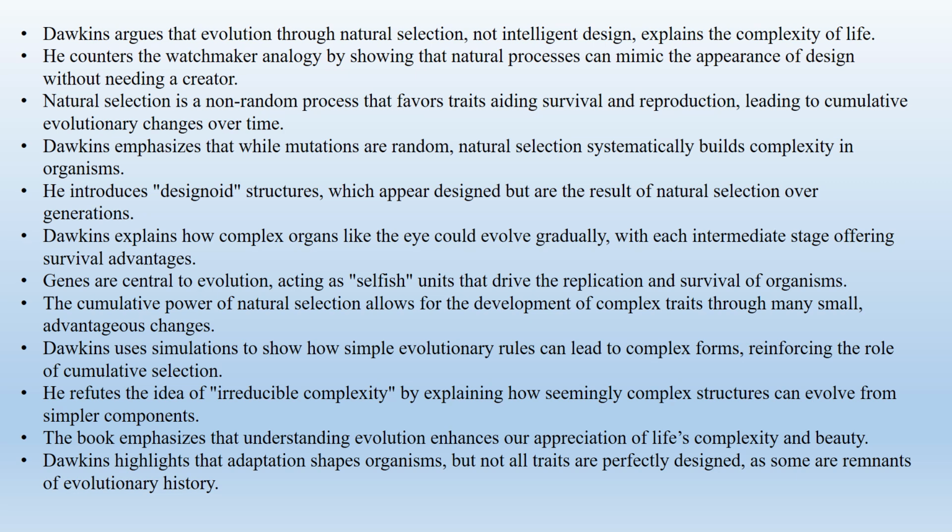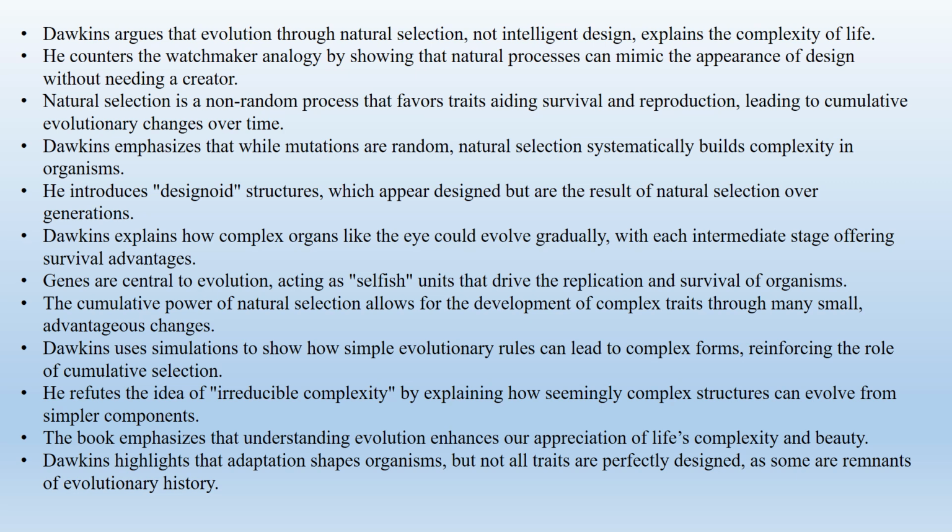At the heart of Dawkins' argument is the concept of natural selection as a non-random process that shapes organisms over time. Although mutations occur randomly, natural selection is a process that consistently favors traits that enhance survival and reproduction. Dawkins likens this to a sculptor gradually chiseling away at a block of marble to reveal a finished statue.